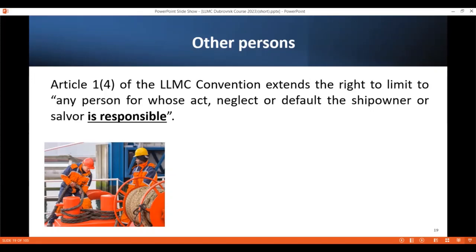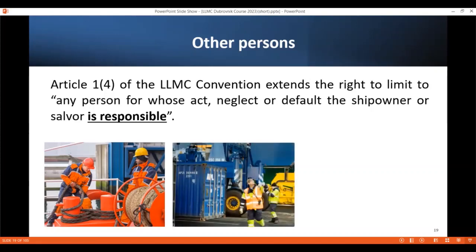Under the general law, vicarious liability arises only from a contract of service, but not a contract for services, with the exception of pilotage, perhaps. So, in this case, by using the words "is responsible", the convention has extended this to, for example, stevedores in the port.